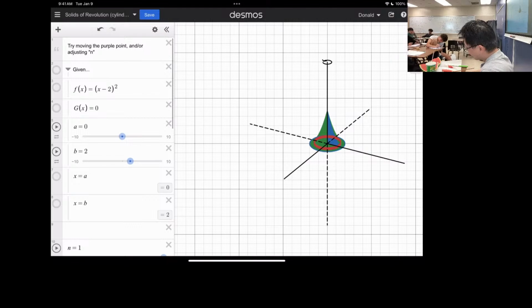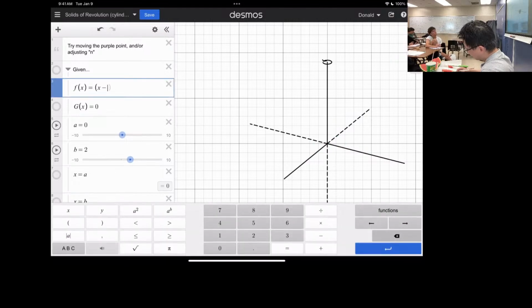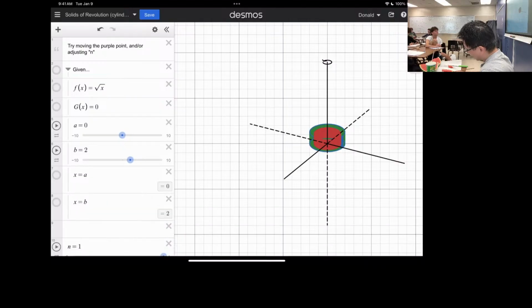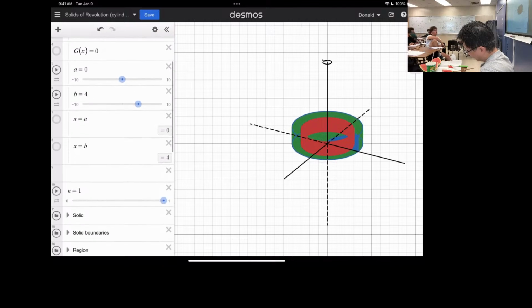What's the function? Square root x. So square root x like this, to 3. So it's going to look like this. I don't know if it is a good orientation, but you get the point.